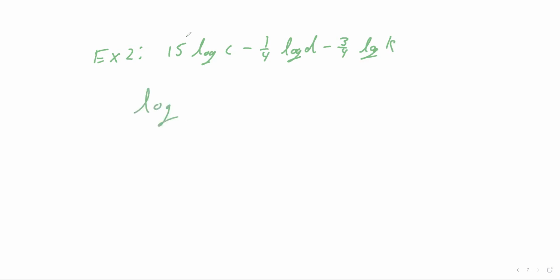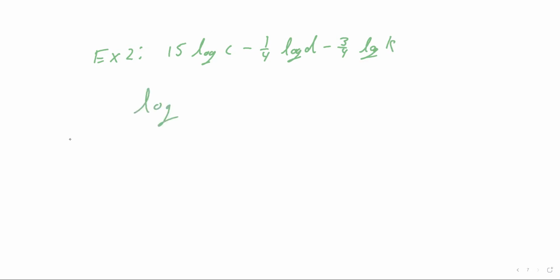Let's condense this guy. Let's take 15 log C minus 1/4 log D minus 3/4 log K. Okay, so again, single logarithm tells me I write log 1 time.